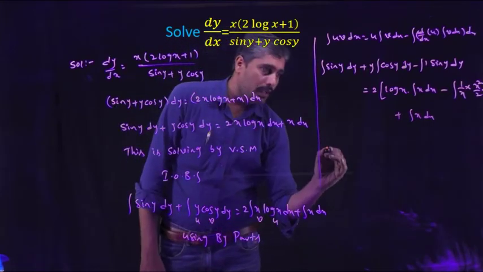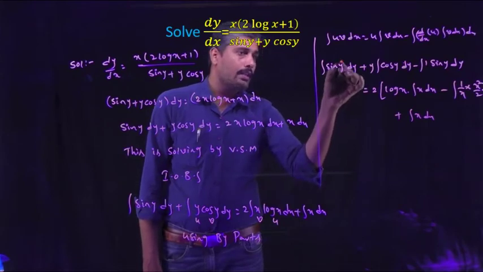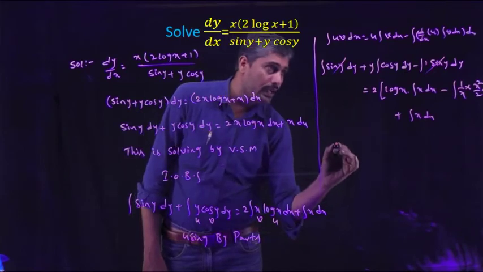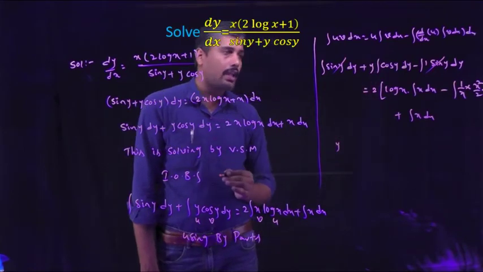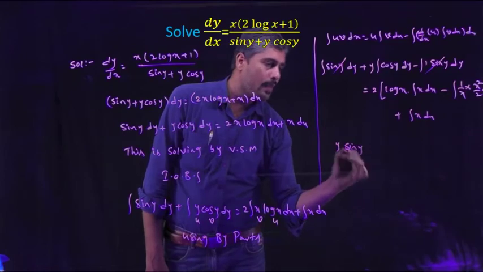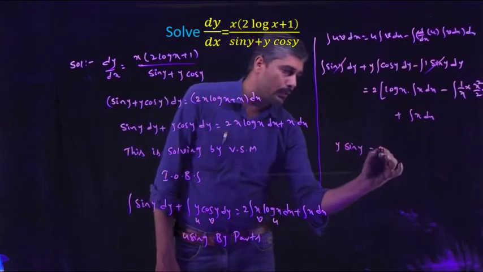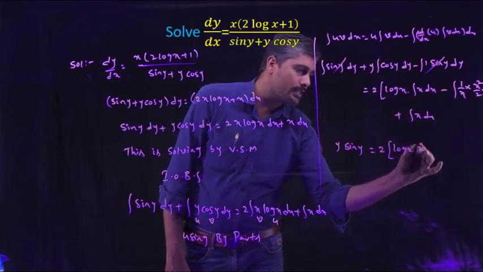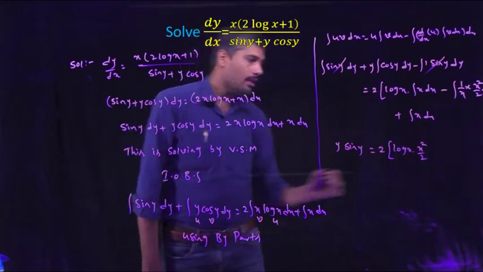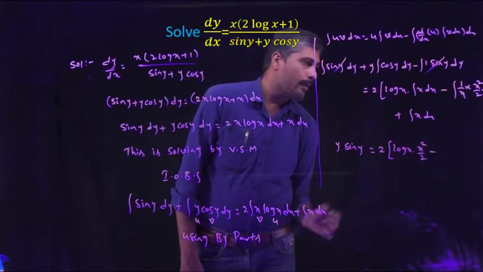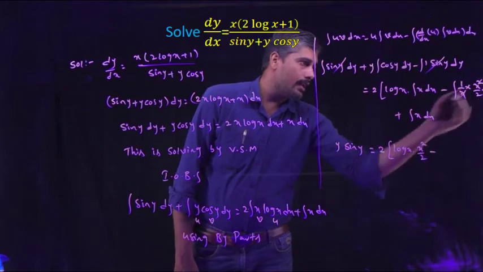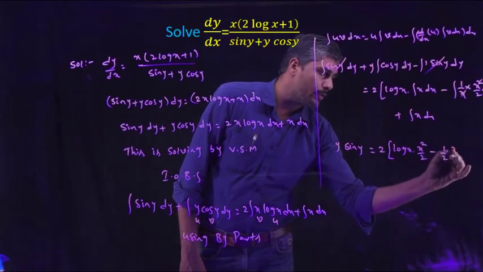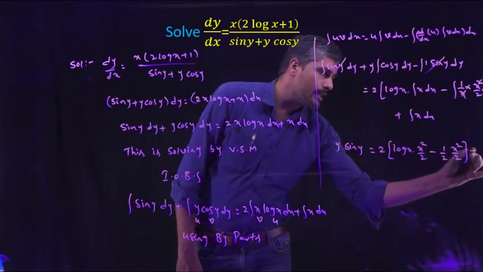Here integral sin y and integral minus sin y cancel. Then we get y into the integration of cos y, which is sin y, equal to 2 into log x into, we know that integration of x is x square by 2, minus, here x is cancelled, once again integration of x is x square by 2, that is 1 by 2 into x square by 2, plus integral x dx.